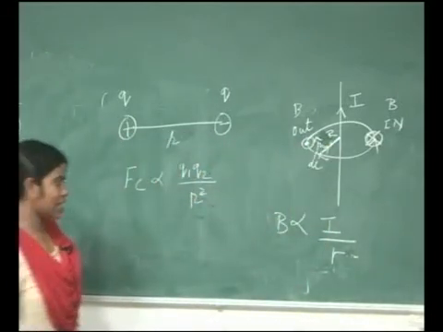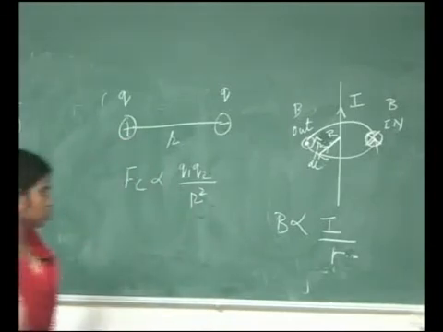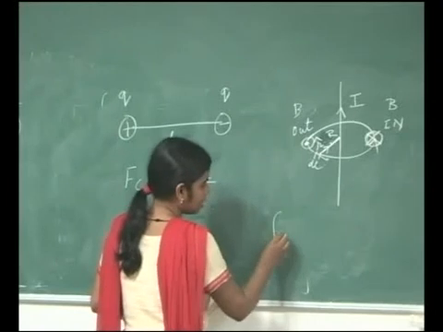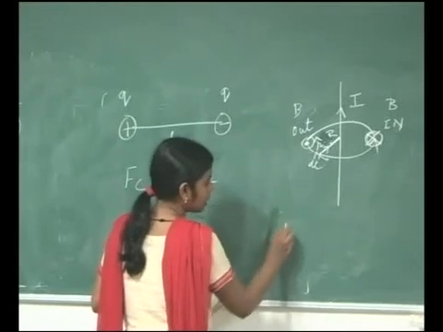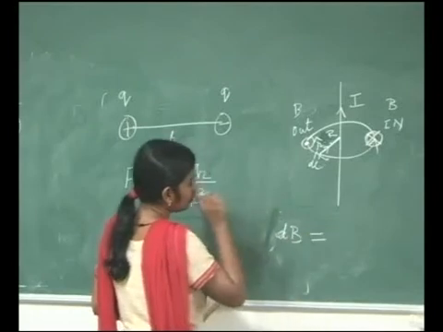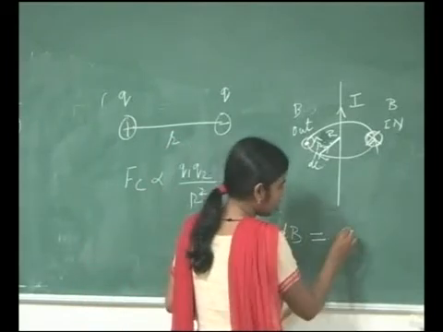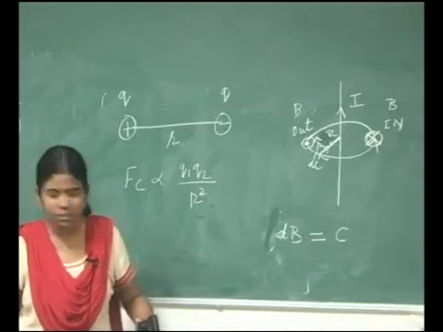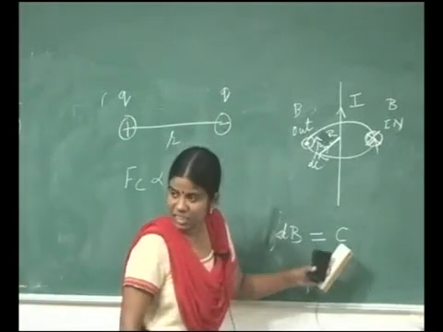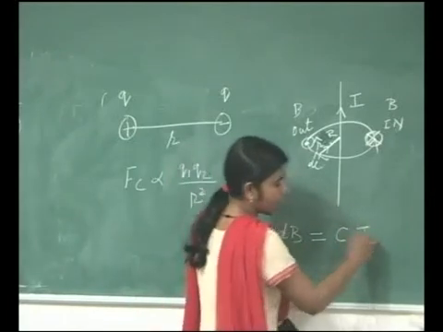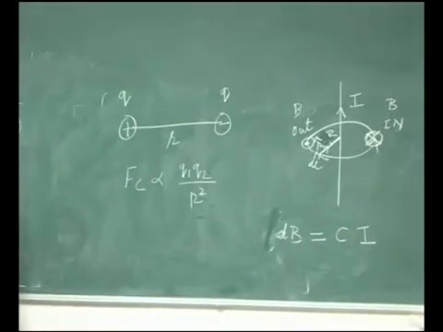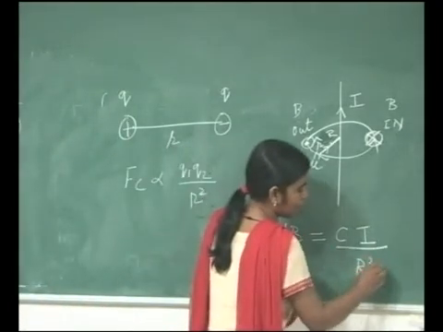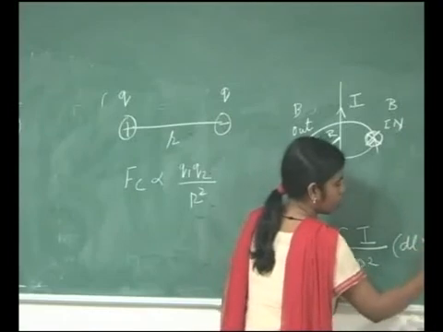So, now I say that the small magnetic field element dB is equal to some proportionality constant C, I do not know what it is, into I, upon r square, into dl cross r cap.